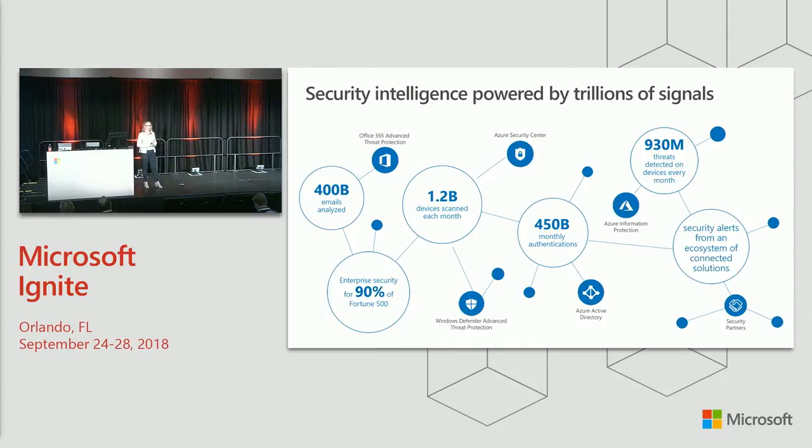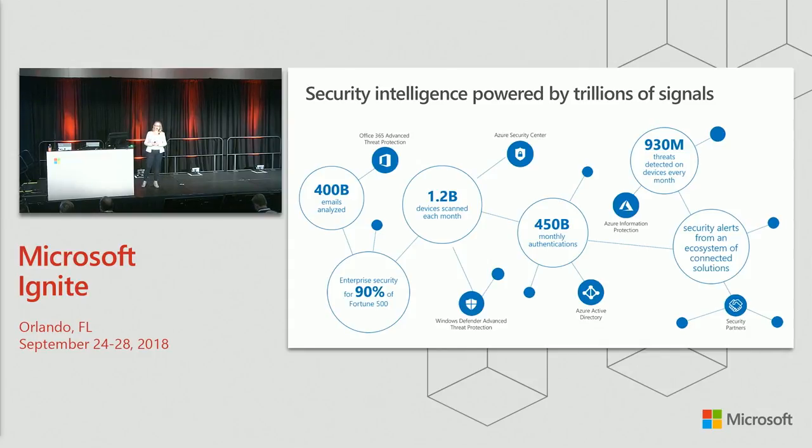You consider for a moment that more than 400 billion emails are getting analyzed by Outlook.com and Office 365 email services every month. 1.2 billion devices are getting scanned by Windows Defender. Microsoft is powering enterprise security for more than 90% of the Enterprise 500. We see 450 billion authentications a month, 900 million threats detected on devices, and that's just from the Microsoft data set, those signals that we have here across our Microsoft platforms.